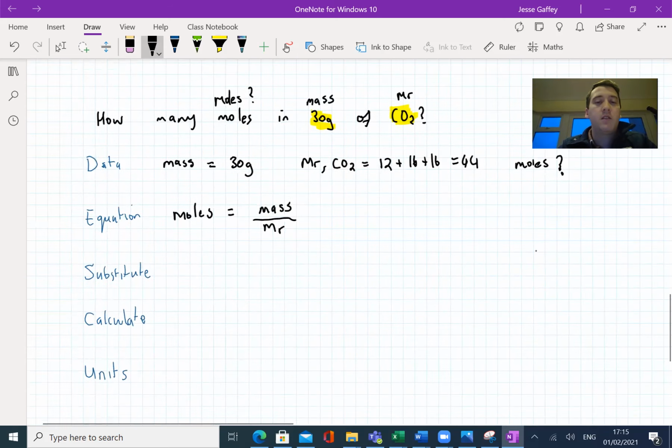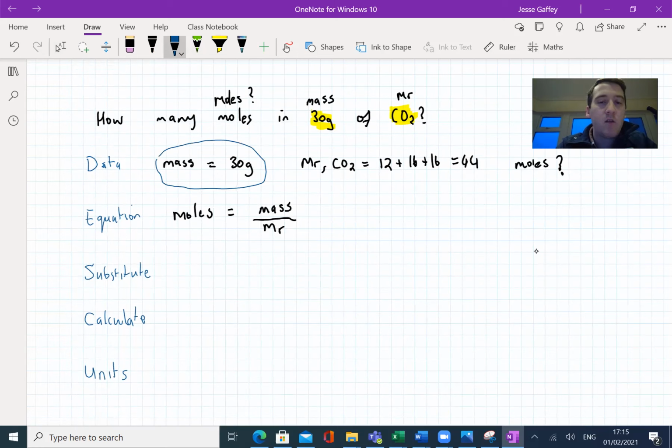The next line is substitute. So what we do here is we substitute, instead of a word in a formula, we're going to put in a number. Well, I know that mass equals 30. So instead of the word mass in the formula, I can put in the number 30 grams. And I know that MR equals 44.